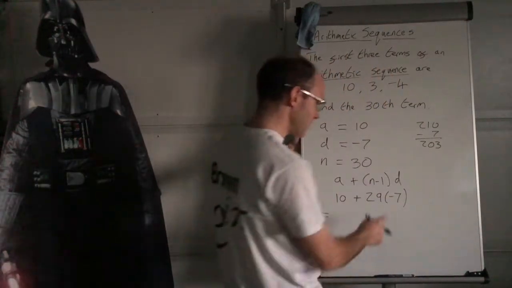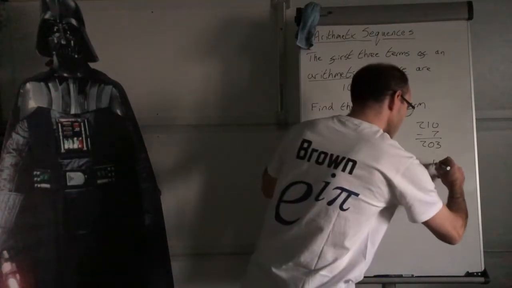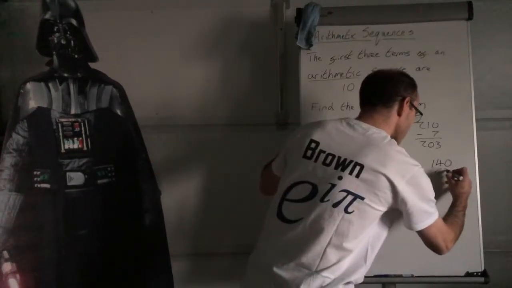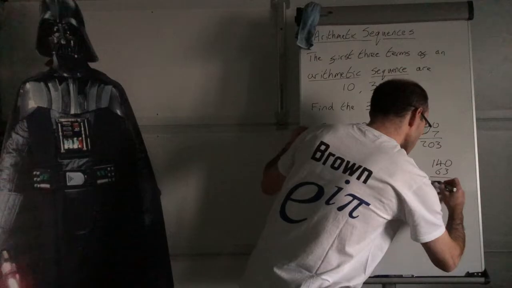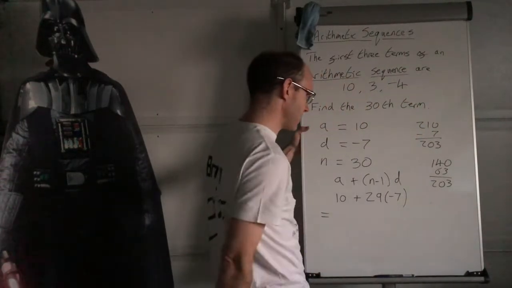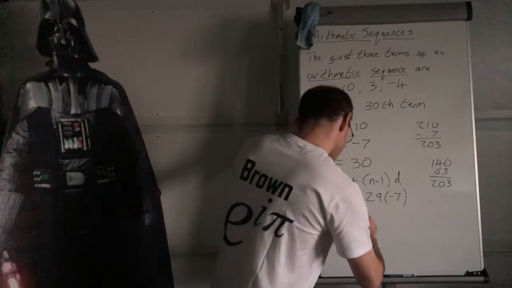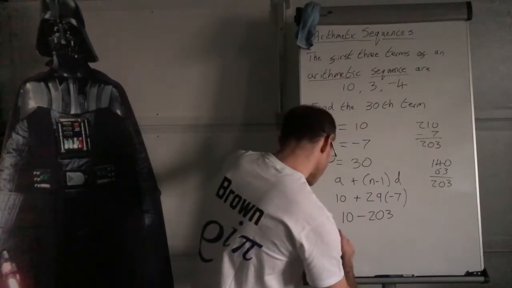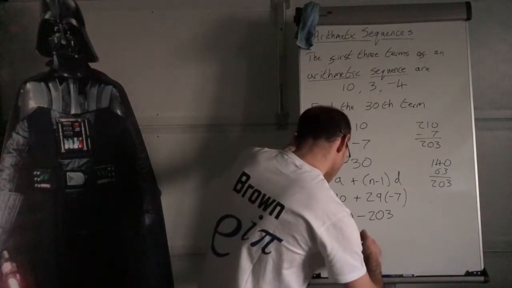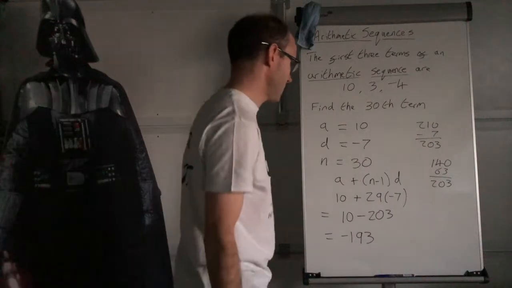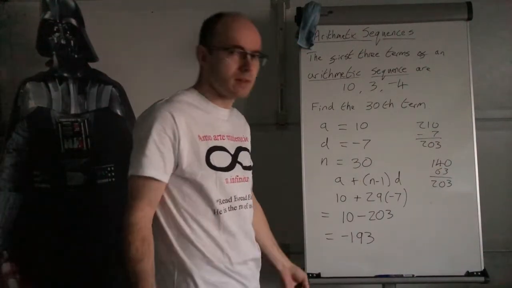Or, alternatively, you do 7 times 20, 140, and then 9 times 7, 63, and add the two together, gives you, again, 203. Whichever way you do it, you get 203. Okay, so 10 subtract 203. And that's equal to negative 193. Okay? Negative 193. And that's it.